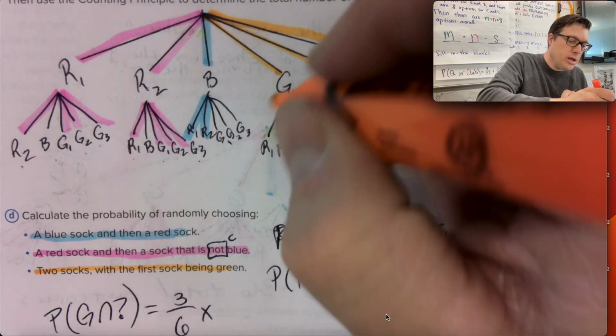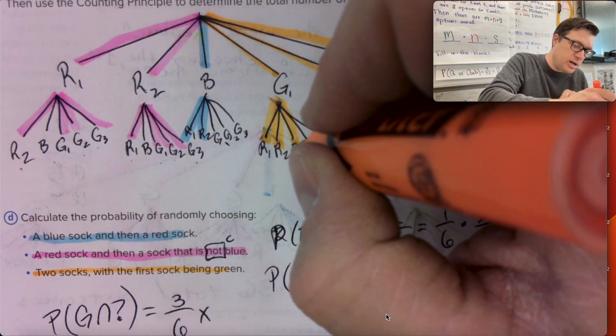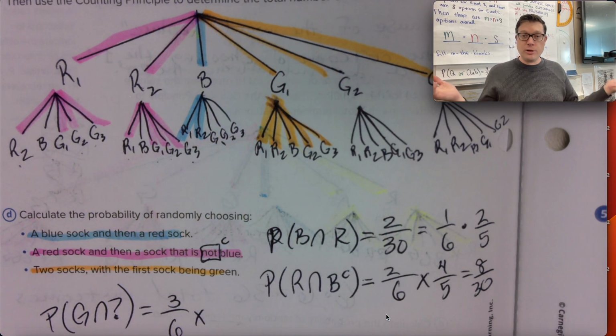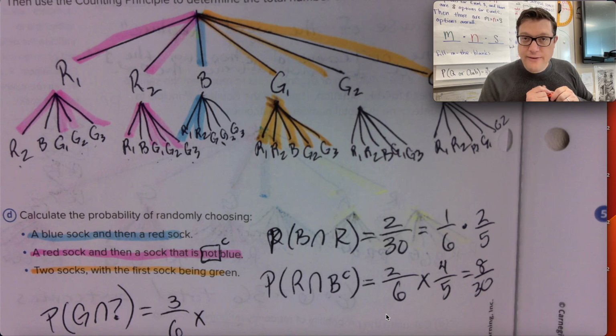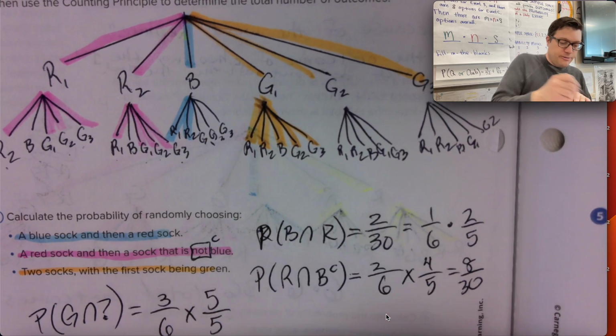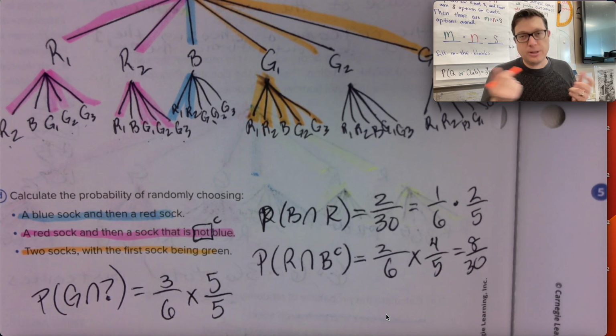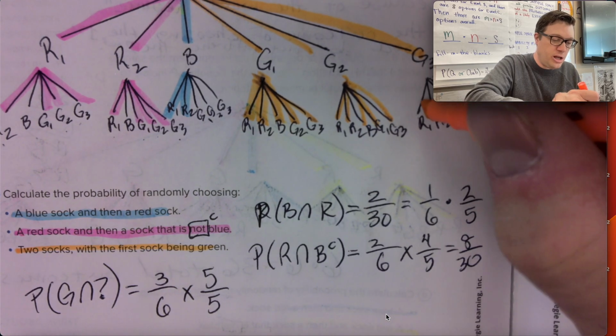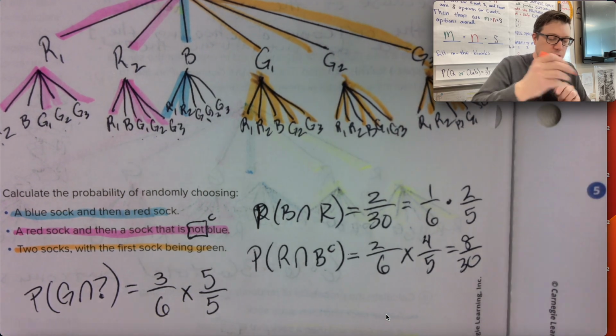Then in the second row, remember, we have to count all of those where the first sock is green. The first sock is green, it doesn't really influence anything. We have 5 options. There are 5 total options, but the first sock was green.